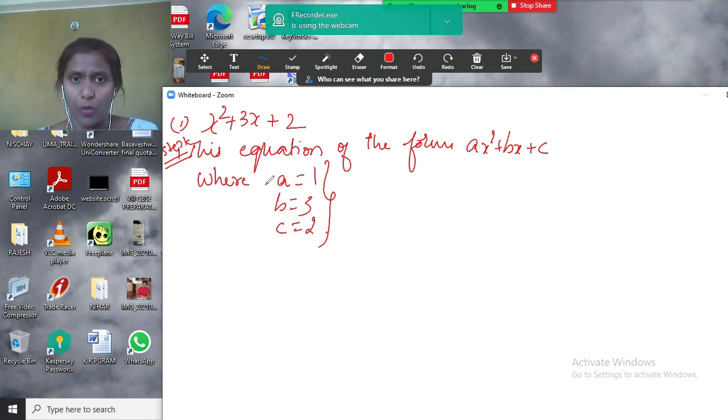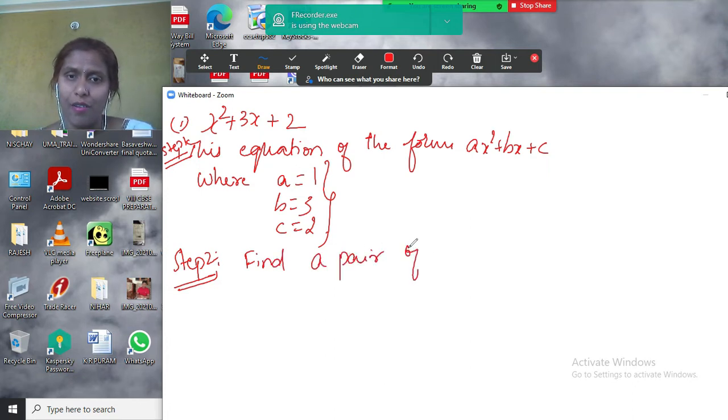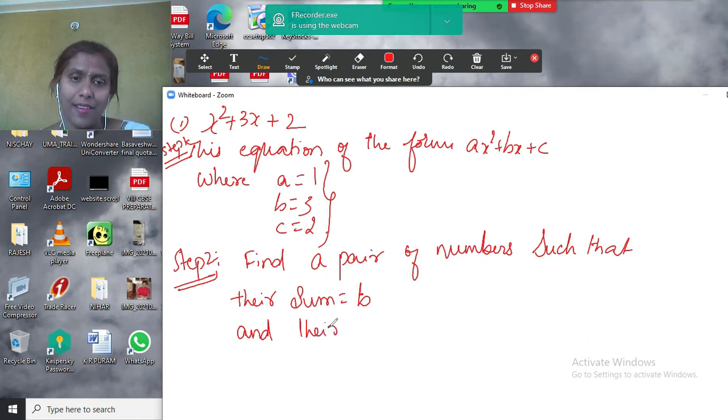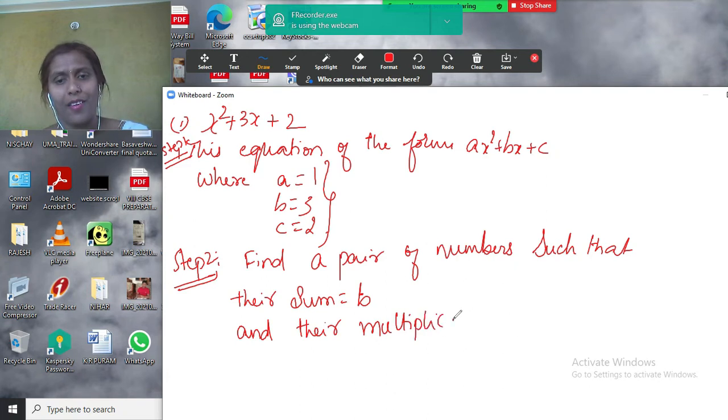Okay, so step 2: find a pair of numbers such that they follow one rule: their sum is equal to b and their multiplication is a into c.